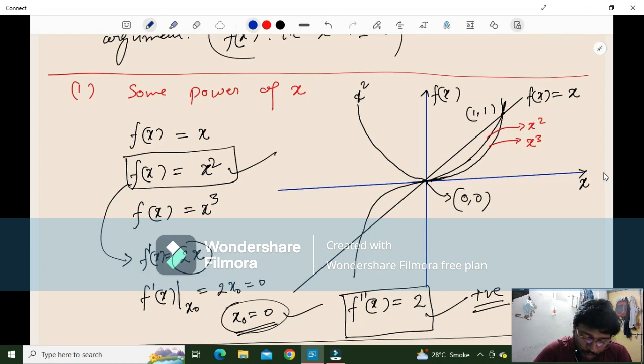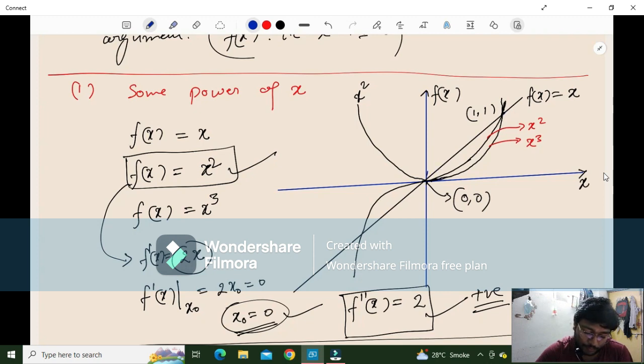Integer power functions are flatter at x equals 0 and steeper at (1, 1). While when you plot some fractional power, you will see that those functions are steeper at x equals 0 and become flatter at (1, 1).